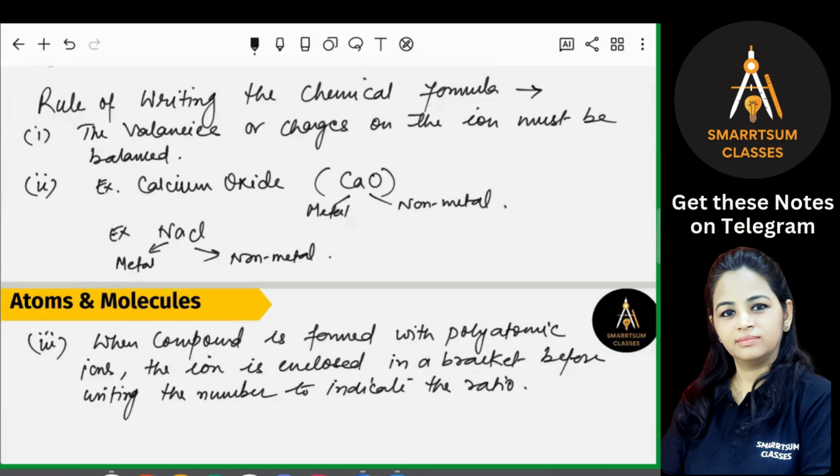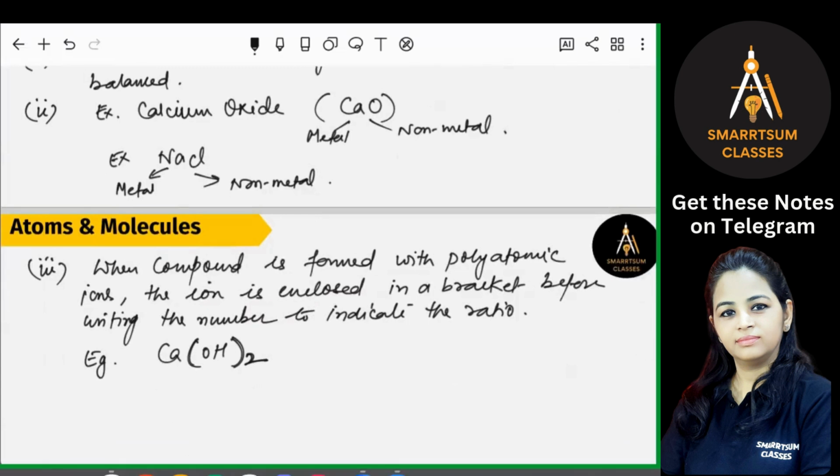For example, Ca(OH)2. In case the number of the polyatomic ion is 1, the bracket is not required. But if the number of polyatomic ions is more, then we need to write a bracket, as you can see here. And then we write the number of that ion, the OH ion.